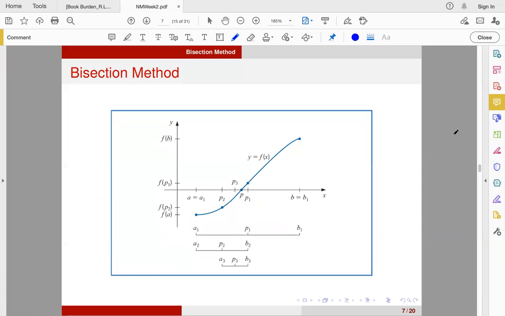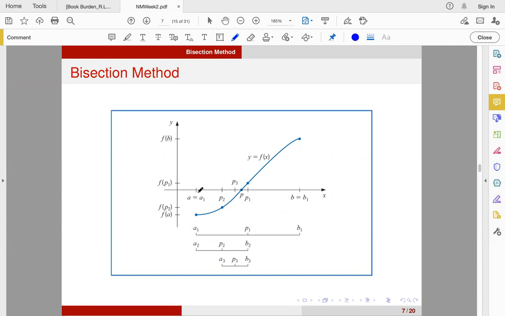Like we see before, we start with A1 and B1. A1 equals A and B1 equals B. So this is the interval. The first step that you need to do is find the interval A, B such that the values of F have opposite signs.